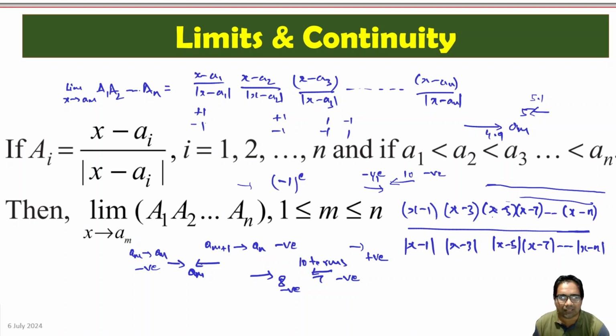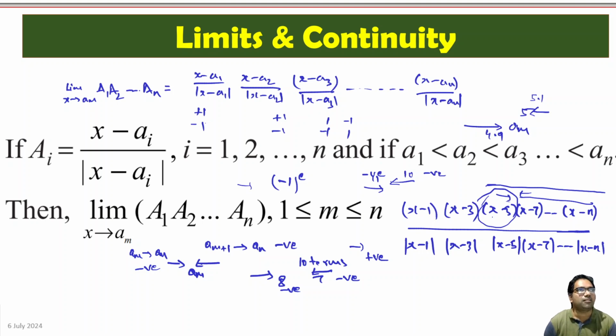Why is this happening? Because as soon as you shift to the left hand side, one more term becomes negative. As long as you are on the right hand side, this critical term is positive. When you are approaching from the left hand side, it becomes negative, because the absolute value of x minus 5 does not help; it only makes the denominator absolute. So what does that mean? If the product is negative from the left hand side, then from the right hand side it becomes positive, plus 1 or minus 1.